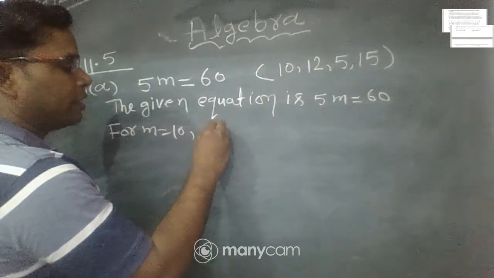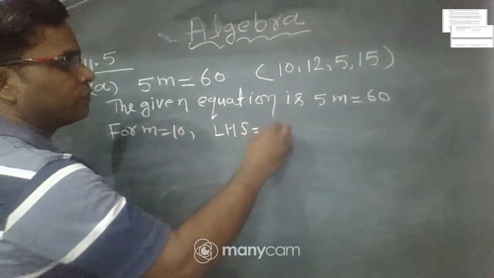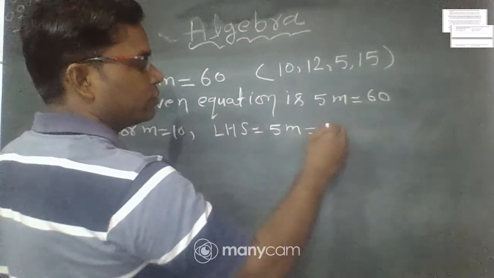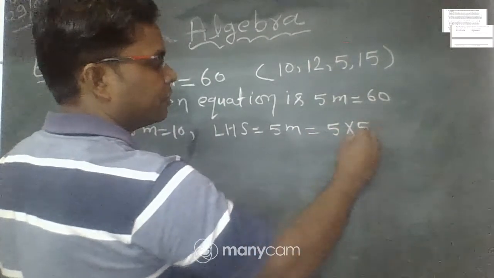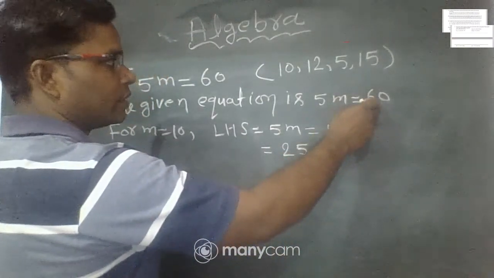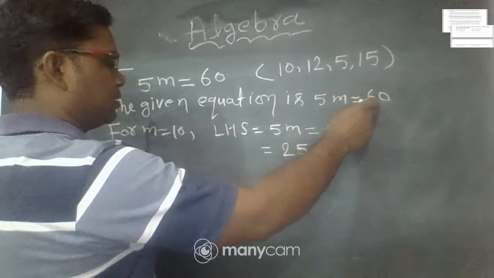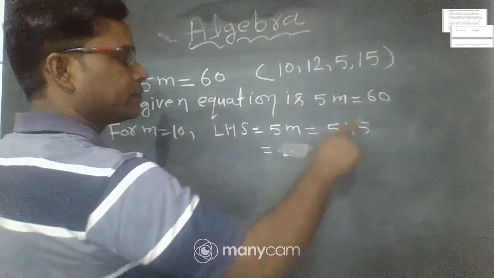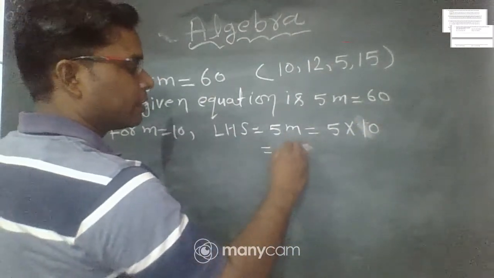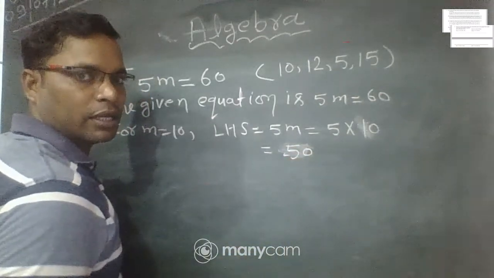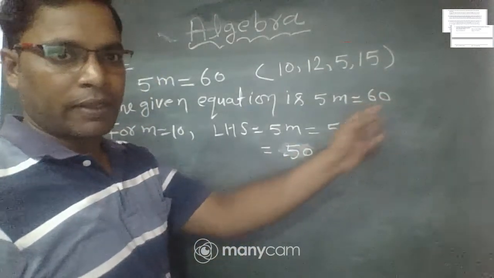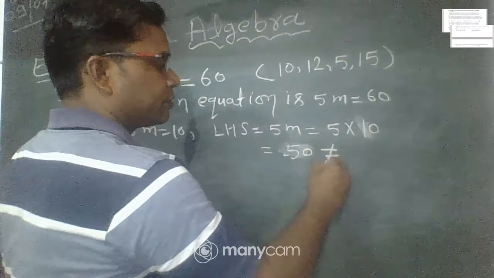So we put the value of m, 10, here: 5 times 10 is 50. You can see this is 50, but here the right hand side is 60. So this is not equal to the right hand side.